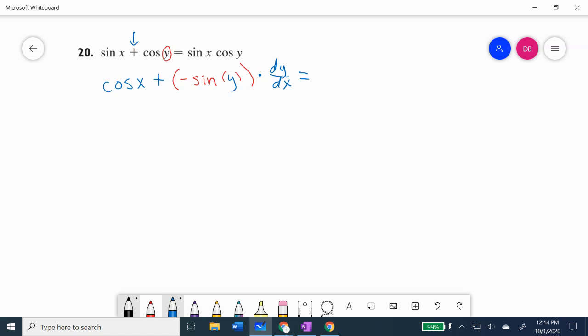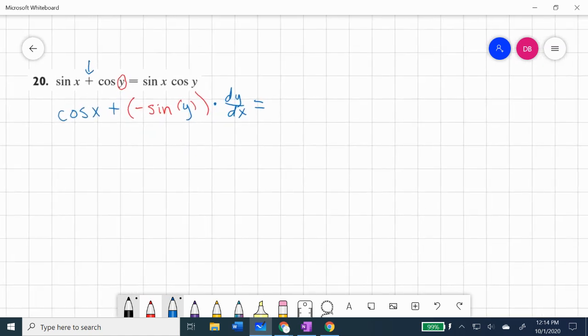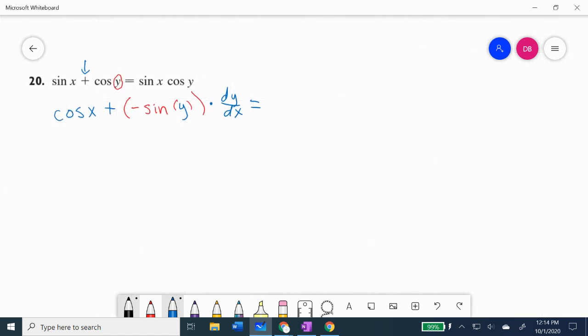On the right side of the equation, I have multiplication between these two functions, so I'm going to have to product rule this out. As I product rule this out, I keep one function, multiply by the derivative of the other, plus swap it out, multiply by the derivative of sine x to get cosine x, and keep the cosine y. And then I waited for this one because it's going to be a little bit more work.